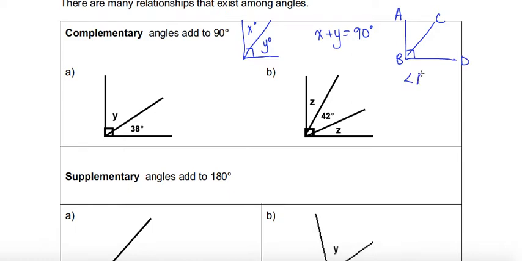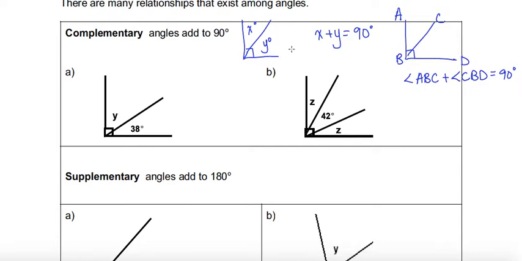So angle ABC plus angle CBD is equal to 90 degrees. So those are two ways that you can represent angles. So just a letter within that angle, or letters that represent the corners. So that's important as well.